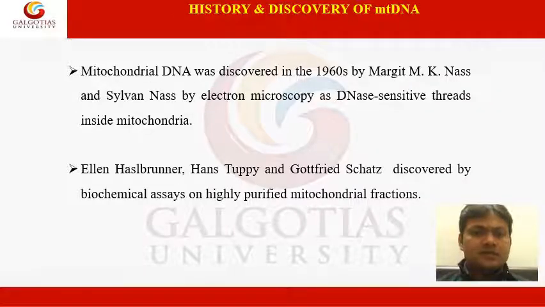Now we will discuss the history and the discovery of the mitochondrial DNA. The mitochondrial DNA was discovered in 1960 by a group of scientists, Margit M. K. Nass and Sylvan Nass. They observed the mitochondrial DNA inside the mitochondria under the electron microscope with a DNA-sensitive thread method.